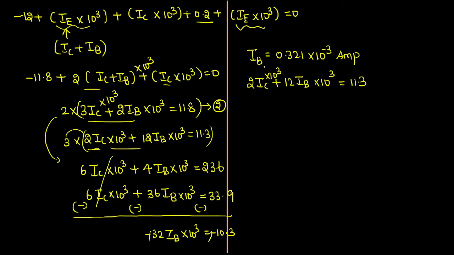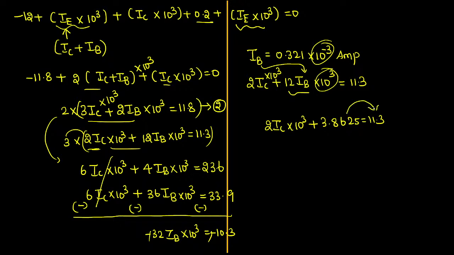Yes, sir. Shall we substitute? Yes. If I substitute that value here, 0.321, 10 power minus 3 into 10 power plus 3 will become 1. So 12 into 0.321, we have to multiply it by 12. So finally 2IC into 10 power 3 plus 3.8625 equal to 11.3.